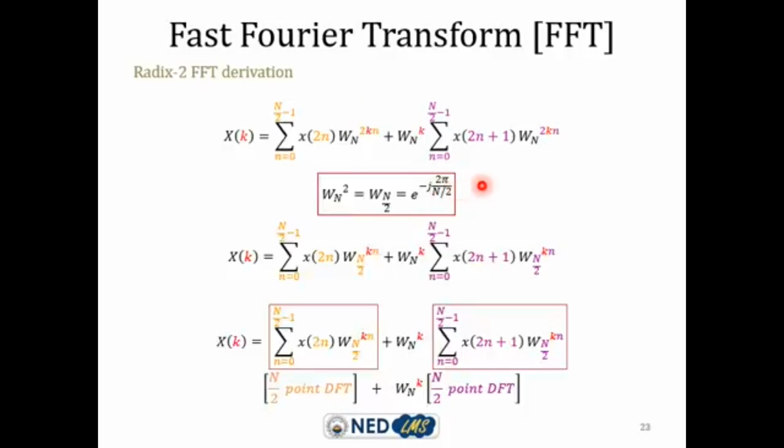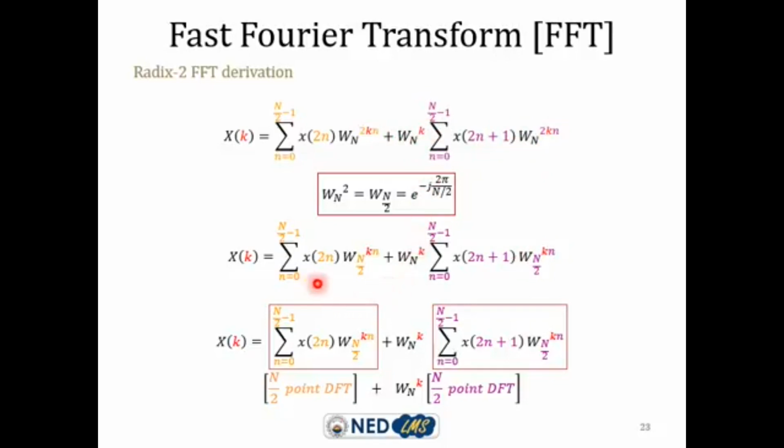So we can apply this observation in the DFT equation. This W_N squared will become W_N by 2, where N by 2 is in the subscript of the W factor. Similarly, this W_N squared will be replaced by W_N by 2, and this W_N^k will remain as it is.